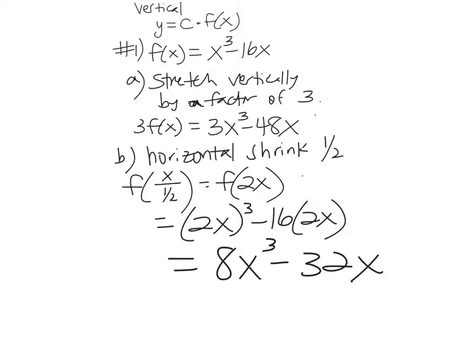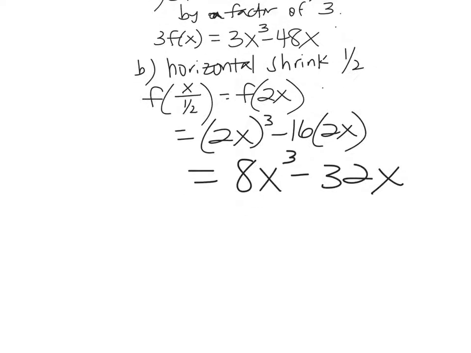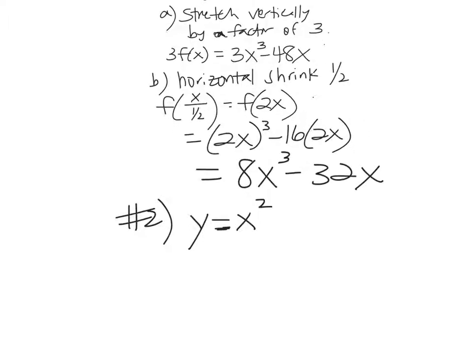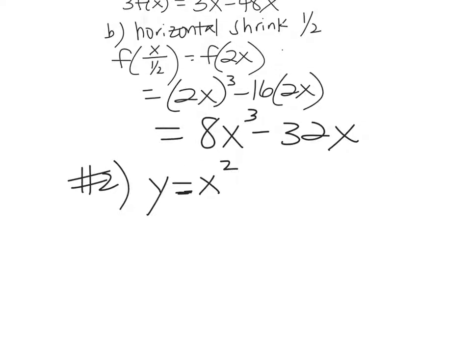All right, and then the last thing they're going to have you do is this. Let's say you start with your parent function y equals x squared. And they're going to tell you that they're going to do, in this order, they're going to shift it 2 to the right.